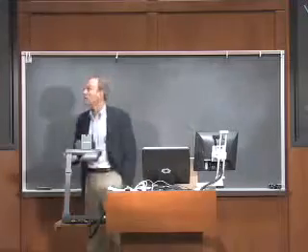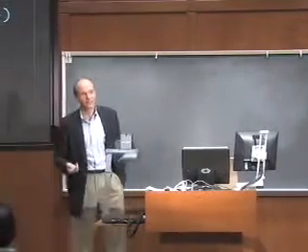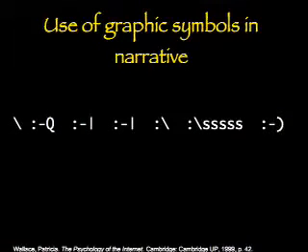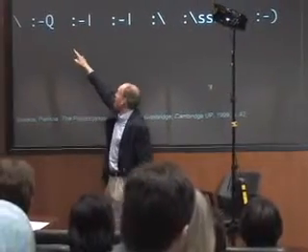Graphic symbols for narrative. So here we have, does anyone know what story this would be telling? How do we read this? If you look at it just as a line of text, it looks like Morse code or something, or Braille. But the idea here is this guy has got a joint hanging out of his mouth.